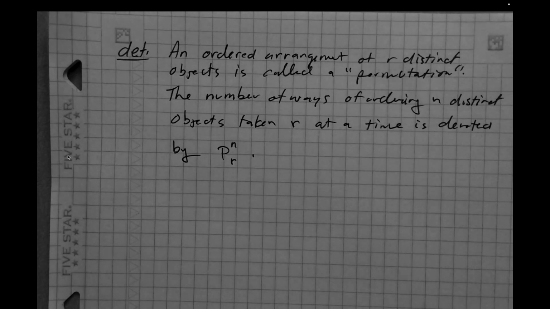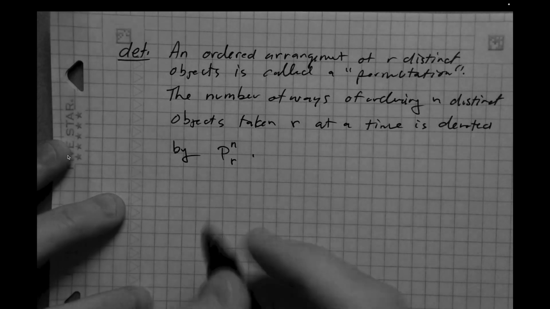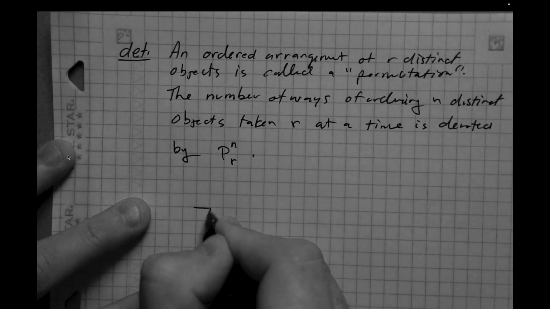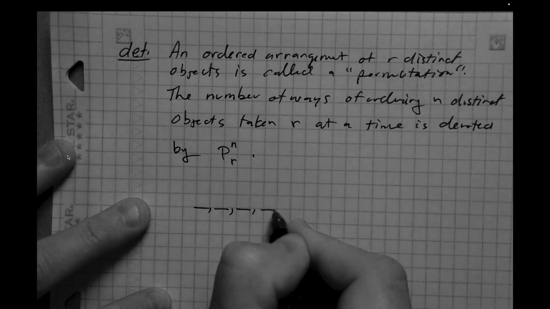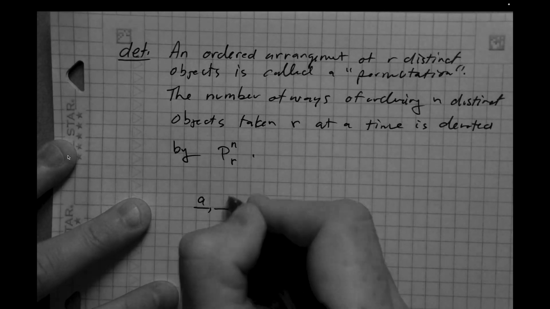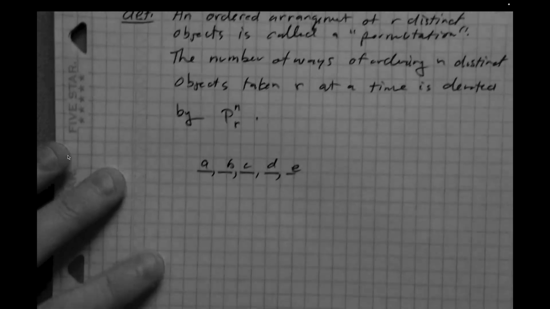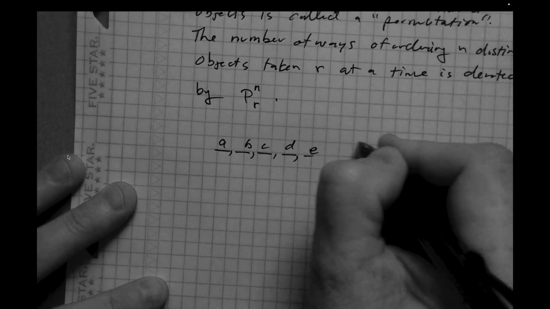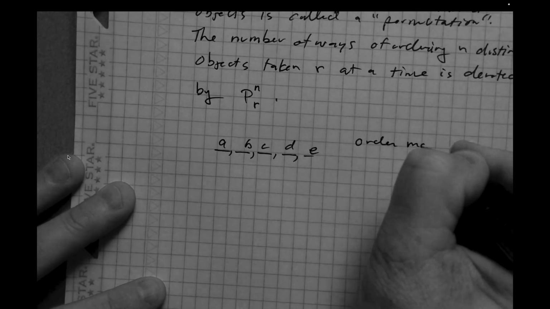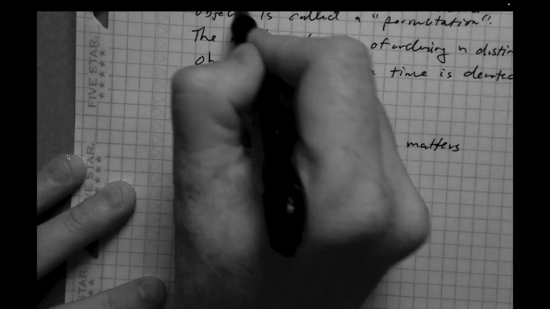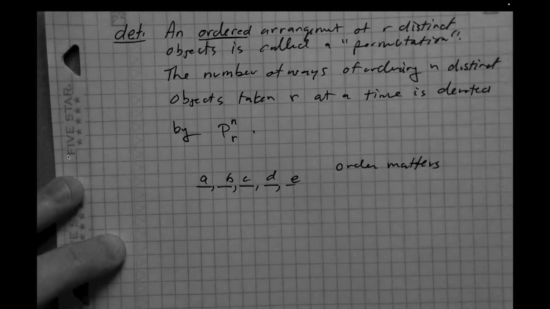Okay, so a permutation, you can think of it like strings of numbers or characters, A, B, C, D, E, where the order matters, right? That's why it says ordered here in the definition.